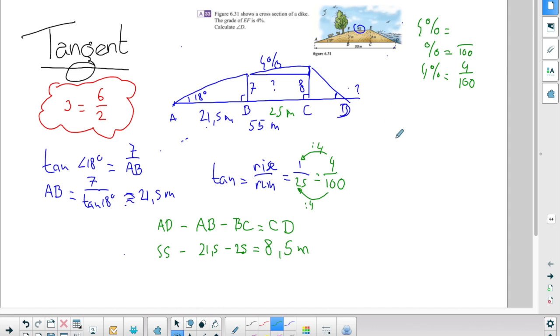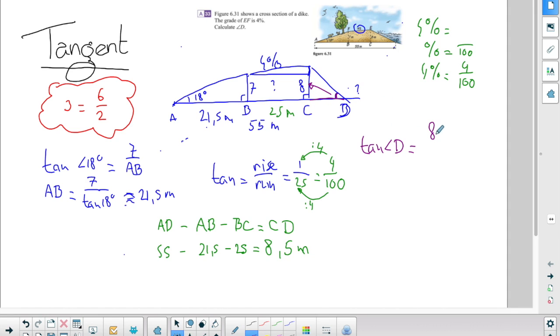So I already am at the end of my solution, because this angle, let's say tangent of angle D, and now I have to take care of it because this is my opposite edge and this is my adjacent edge.